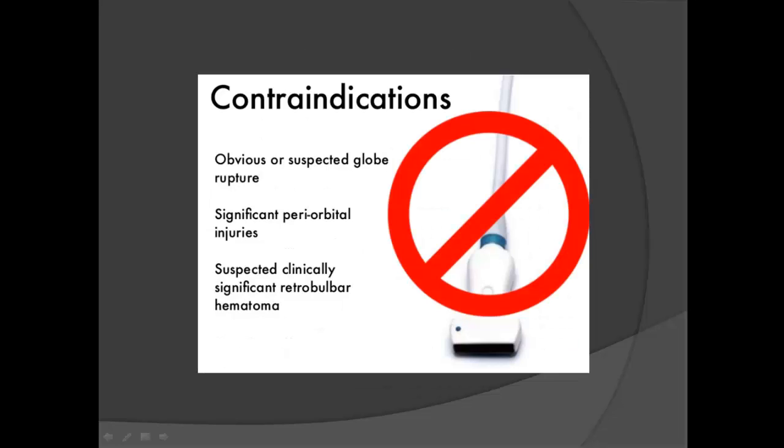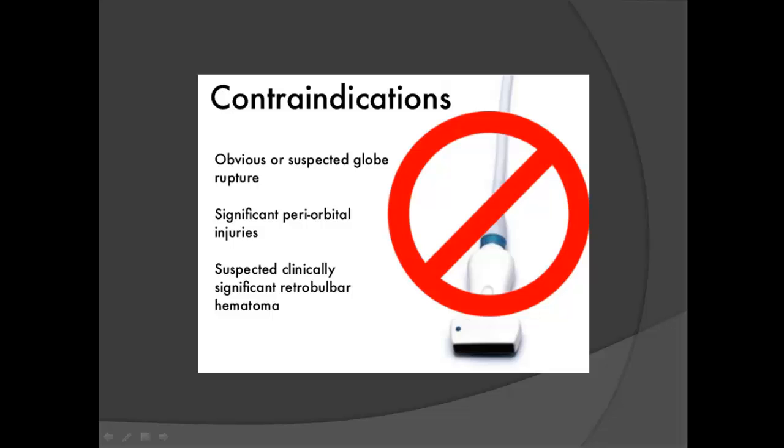There are some contraindications, however, to using ultrasound. Obvious or suspected globe rupture is a situation where you wouldn't want to put a probe onto a patient's eye, as well as significant periorbital injuries.